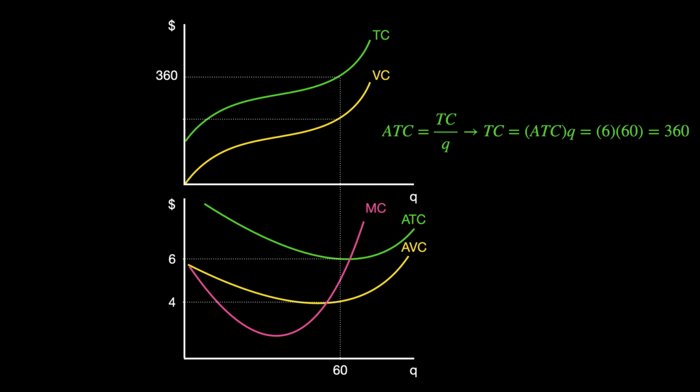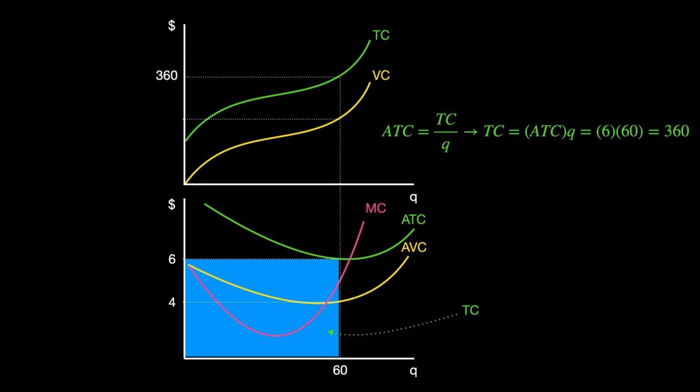When quantity is 60, what is total cost? To solve this problem, we will rearrange the average total cost equation. The fact that average total cost equals total cost divided by quantity implies that total cost is equal to average total cost times quantity, which is 360. Graphically, this is equal to the area of the blue rectangle. When you multiply height times base, you get the area of the rectangle.